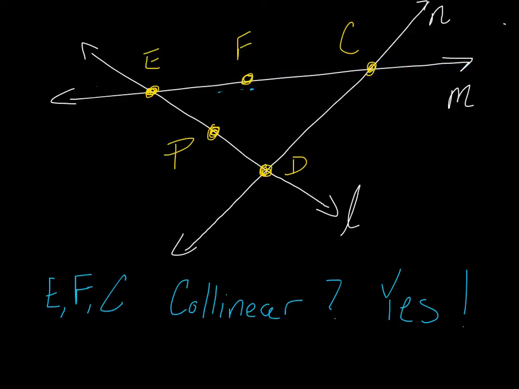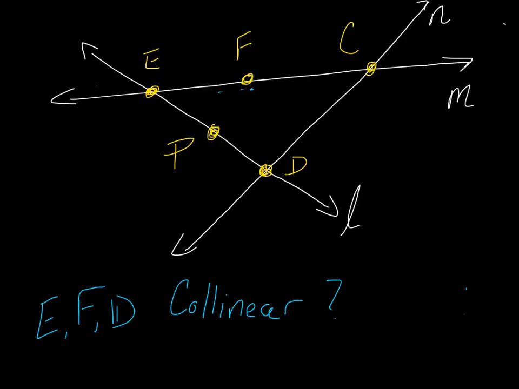Let's look at that second example there. We're just going to change one of the letters. Now we're going to use the points E, F, and D. Are E, F, and D collinear?